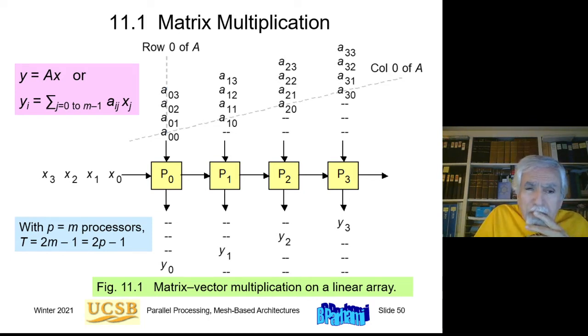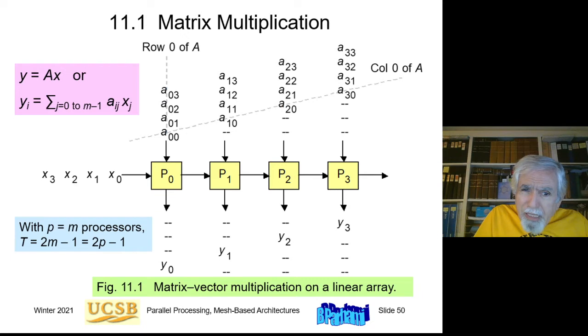So let's assume that we have m processors, so the number p of processors is equal to m. I've chosen a small example: a 4 by 4 matrix A is being multiplied by a 4 vector x.